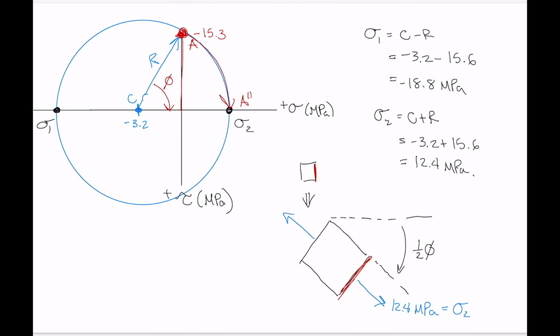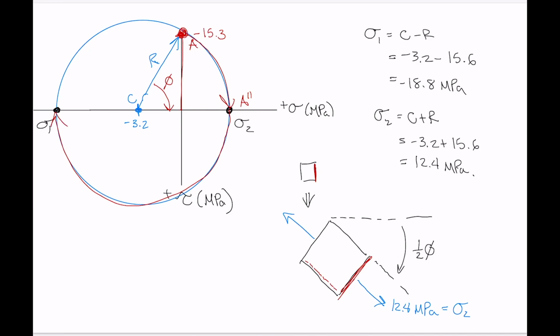And then in order to get the stress, again, that is acting on the other side of the element, what you need to do is imagine taking this and rotating it 90 degrees, which corresponds to going from A double prime all the way around the circle to sigma 1 here.